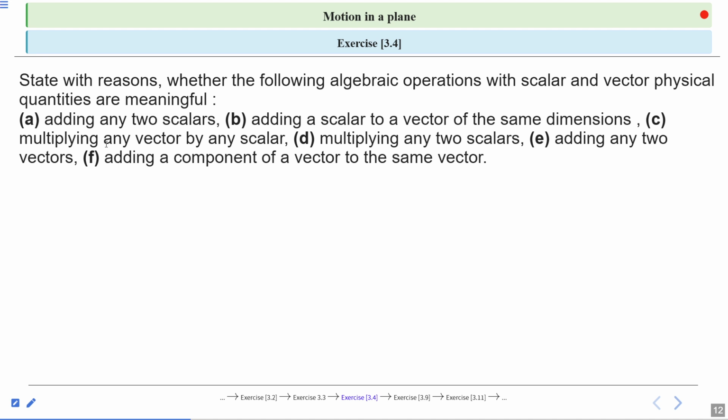C is multiplying any vector by any scalar. D is multiplying any two scalars, E is adding any two vectors, and F is adding a component of a vector to the same vector. So here you have to find out which are meaningful or not meaningful. Think about it. You have sufficient time.